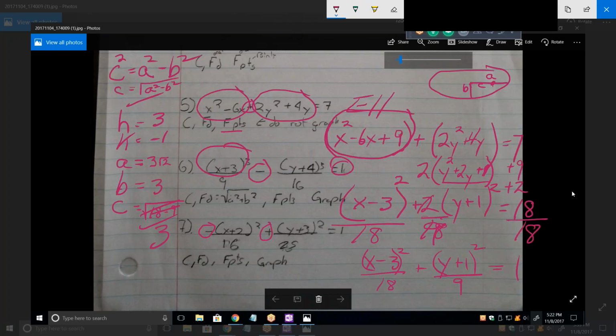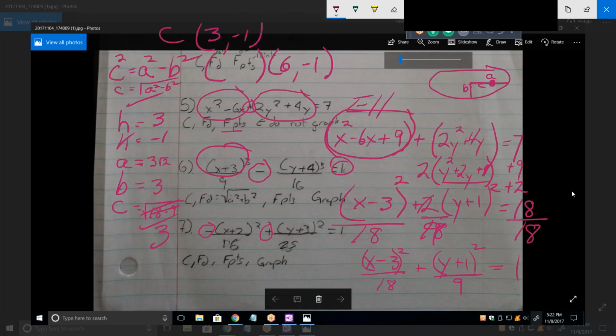Tell me what the focal points are. The center is 3, -1. And the focal distance is 3. And it's horizontally oriented. So what's the right focal point, the one that I've got labeled here? That would be 6, -1. And what's the left one?